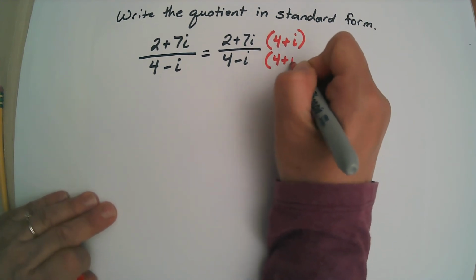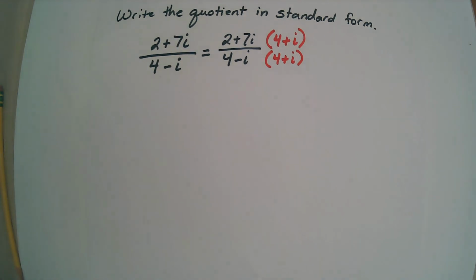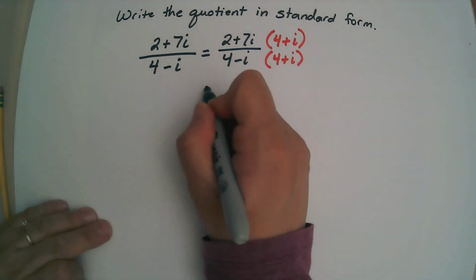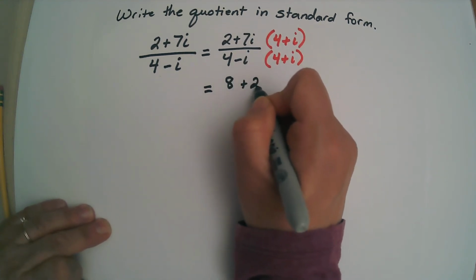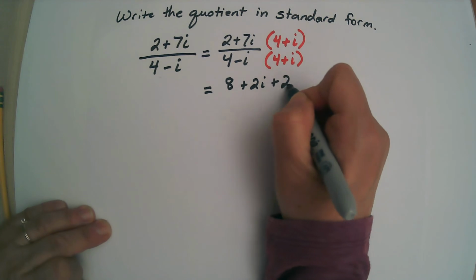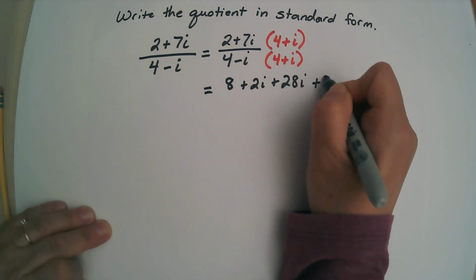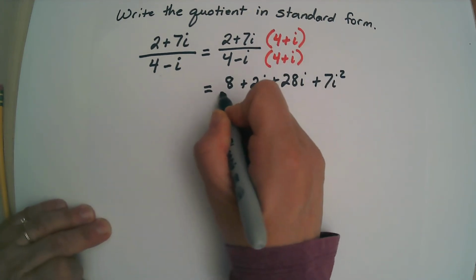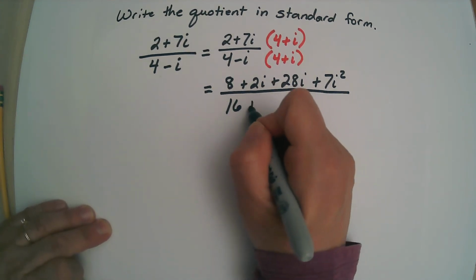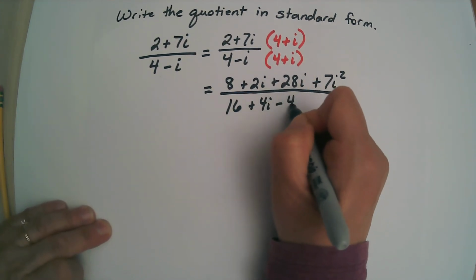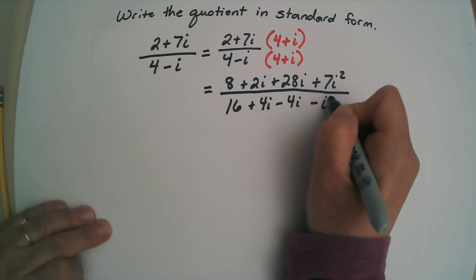We multiply by 4 plus i over 4 plus i in numerator and denominator. If we do that, in the numerator we have 8 plus 2i plus 28i plus 7i squared. In the denominator, we have 16 plus 4i minus 4i minus i squared.